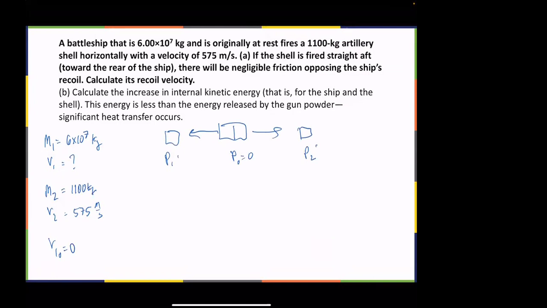So here we have big M V naught equals M1 V1 plus M2 V2. Because before they're fired, neither one of them has a velocity. So 0 equals 6 times 10 to the 7th V1 plus 110 times negative 575.